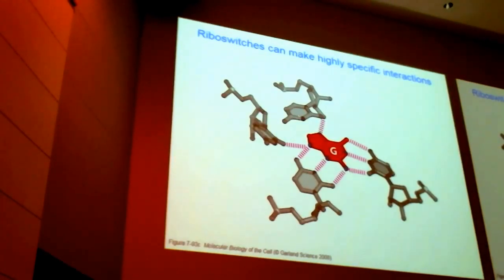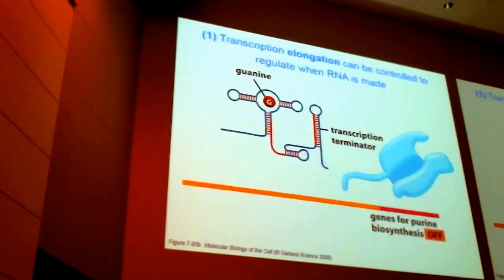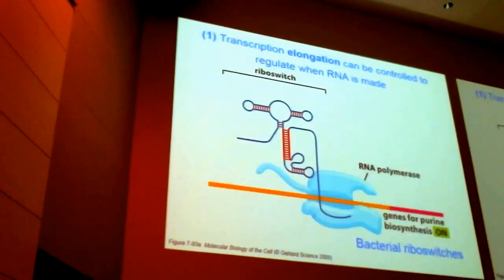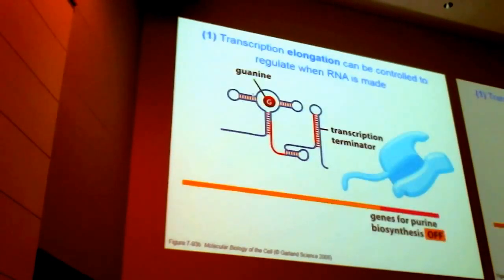And these are all hydrogen bonds indicated, and this is showing the specific interaction of G. You don't need to know these interactions. I won't be asking you to draw any of these things. But I want you to know that RNA itself can form a structural pocket in which G would fit. Now, if G is bound, what happens is downstream there's a change in structure. So if you go back a couple slides, you'll see that downstream there wasn't any base pairing here, but when G is bound, you create the stem loop, and then usually a run of U's.